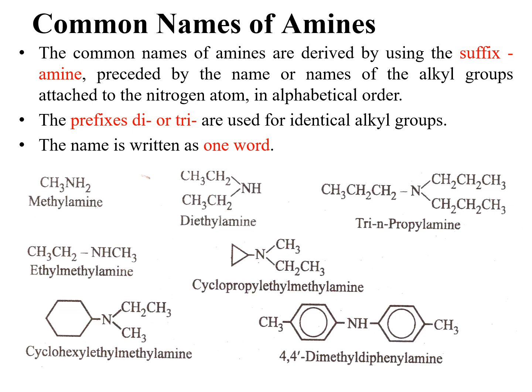The first molecule is a primary amine. It has a methyl group. That's why its name will be written as methylamine. The second one is a secondary amine, and we can see nitrogen is linked to two alkyl groups and one hydrogen atom. Both of these alkyl groups are the same. That's why its name will be written as dimethylamine. In the third example, nitrogen is linked to three alkyl groups, and all three are propyl.